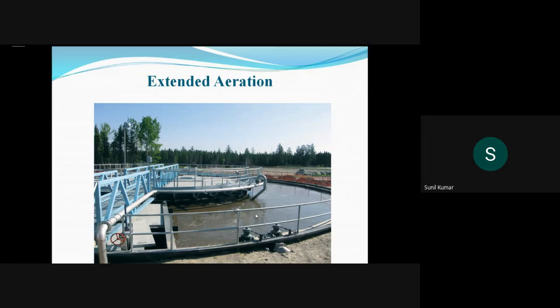This is the extended aeration process, where the retention time is maintained very high. Thereby high-load organic BOD effluent can be treated more efficiently. But these are all flow-through processes where, unless we have nitrification and denitrification, nitrate will be present in the treated effluent.